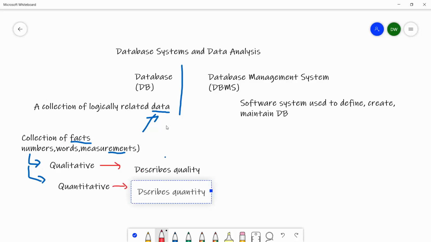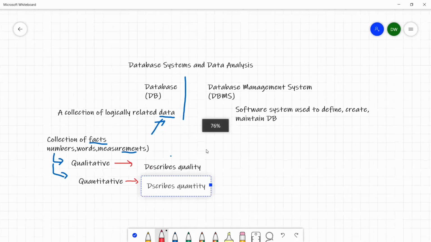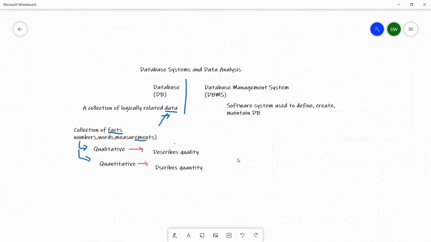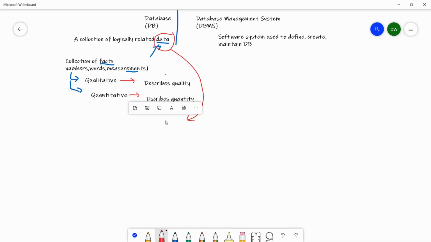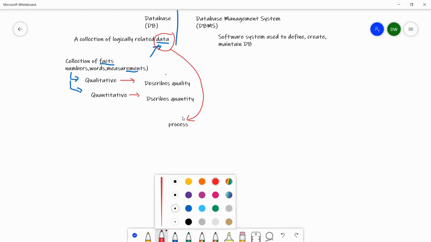So what we do is we process this data, right?